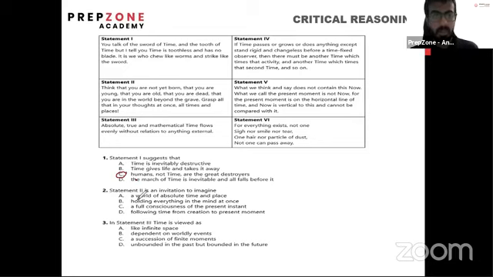No. A full consciousness of the present instant. It doesn't say that. Following time from creation to present moment. Nope. Answer choice A, which is a world of absolute time and place. So grasp all that in your thoughts at once, all times and places. So basically, it's a world of absolute time and place. So the answer choice over here is A.